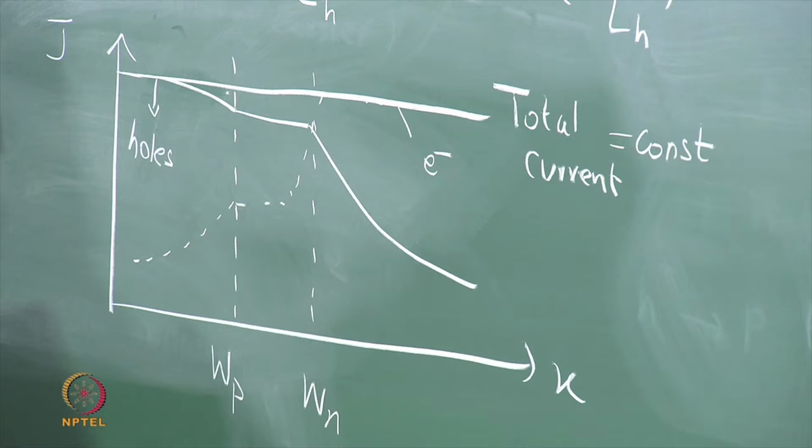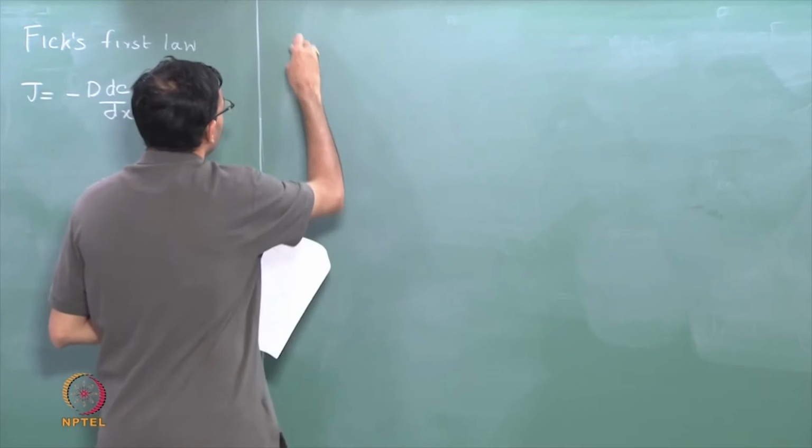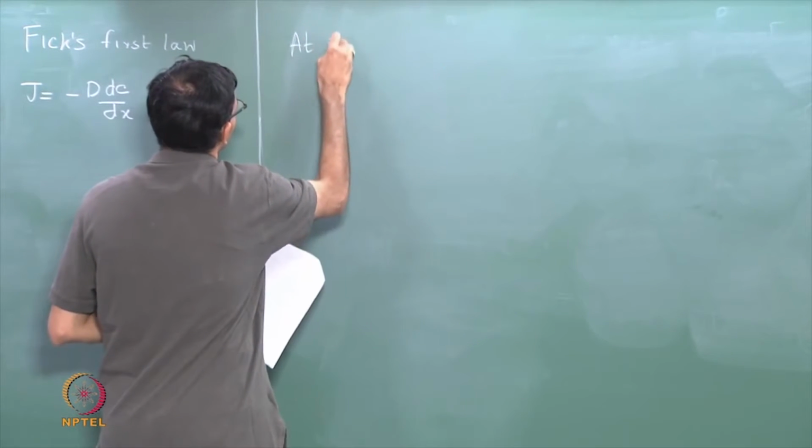So we can evaluate the value of the current at x equal to 0 so that we can have a simpler expression. So let me do that next. I can write down the value of the hole current at x equal to 0.